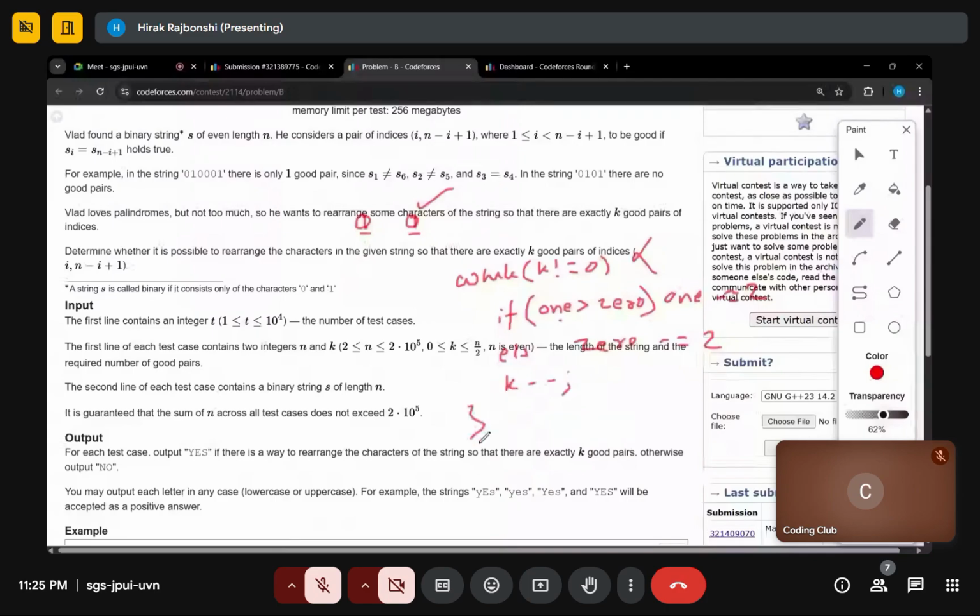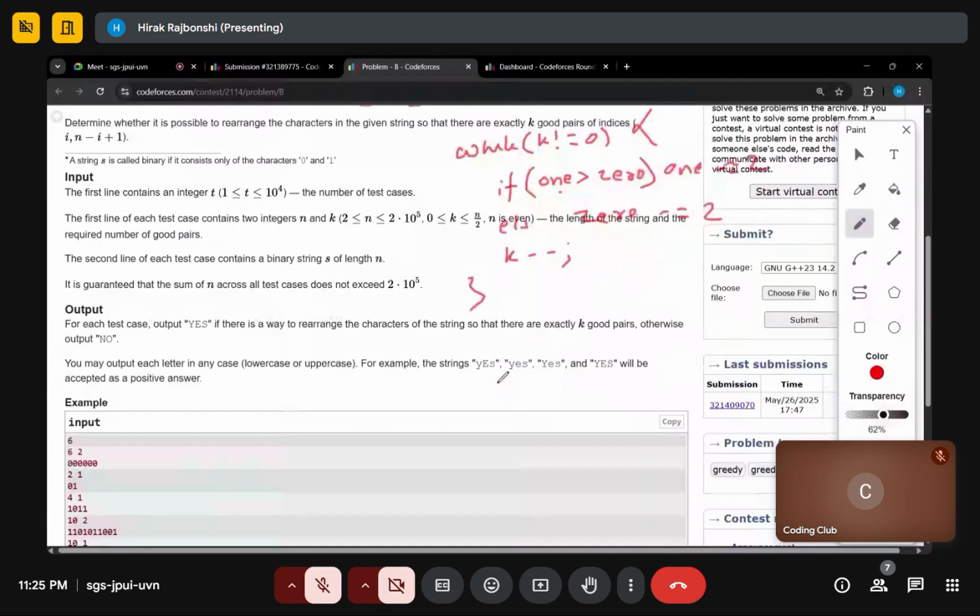Now the condition is that we are not checking whether we have enough ones, more than two ones or more than two zeros, since we are subtracting this. So after this while loop there might be a case where the number of remaining ones will be a negative number, or the remaining zeros will also be a negative number.